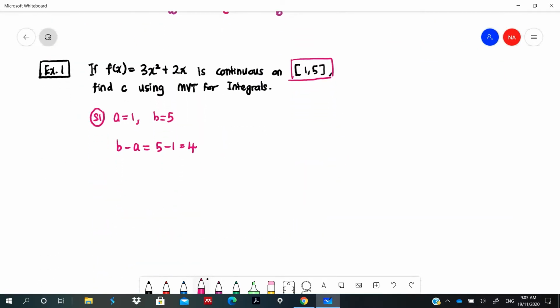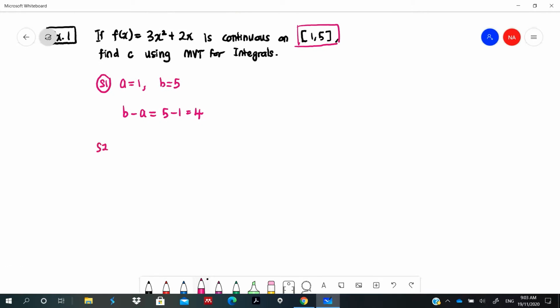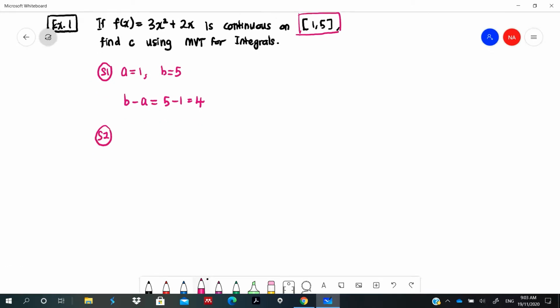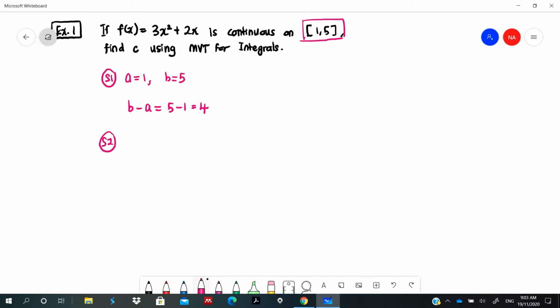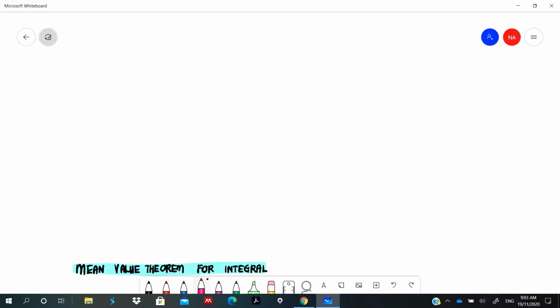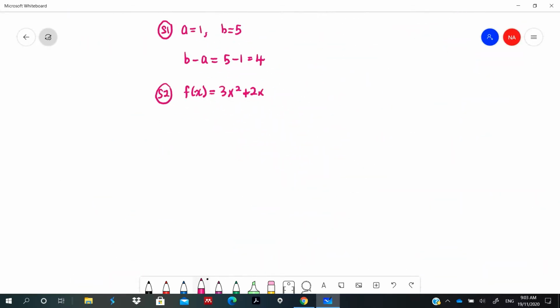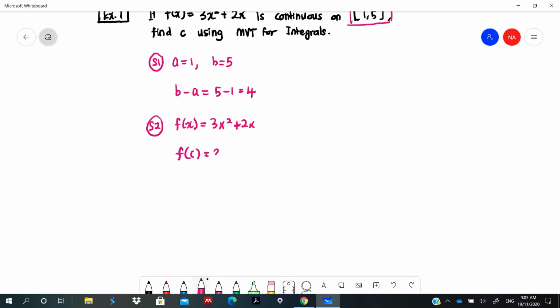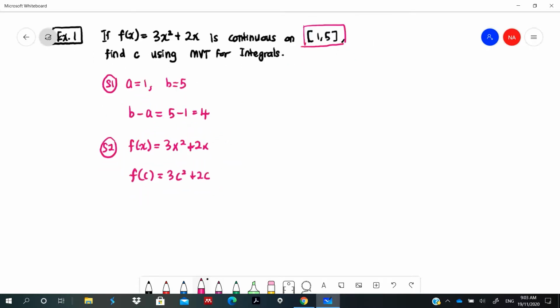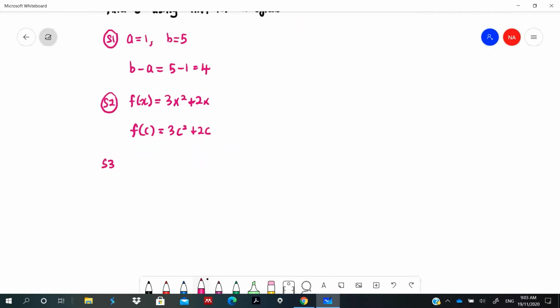Next, step 2 is to find f(c). We have the function f(x) equal to 3x squared plus 2x. Because in the formula we have to use f(c), we substitute the variable x with c, so we have 3c squared plus 2c. Step 3 is to find the integration.